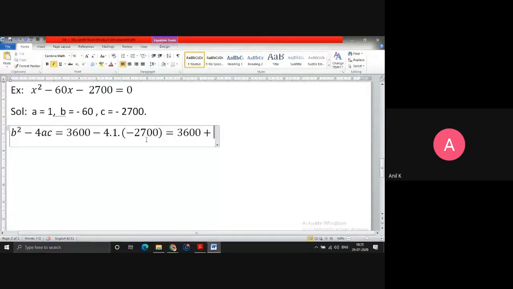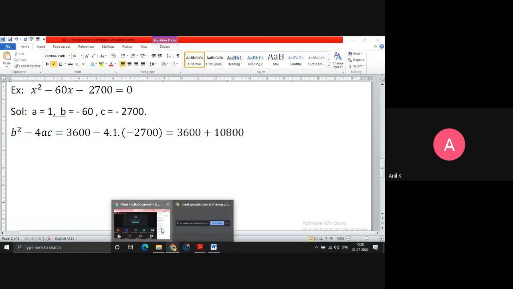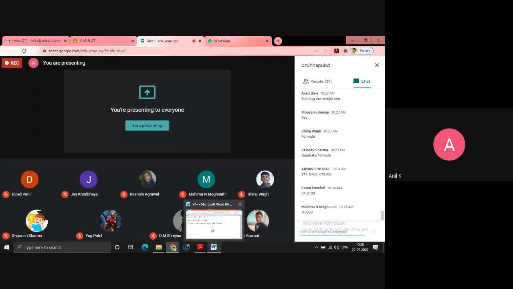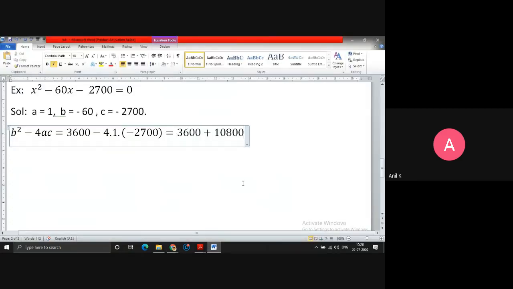Now what is 4 into 2700? 8000 plus 2800, I think 10,800. Yes, 10,800. So when I add them, I get 14,400. This is the value of b square minus 4ac.